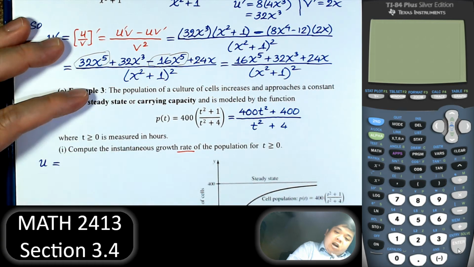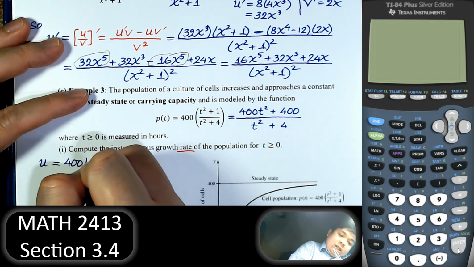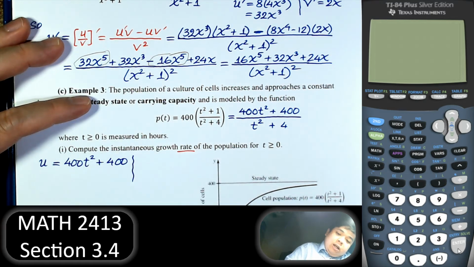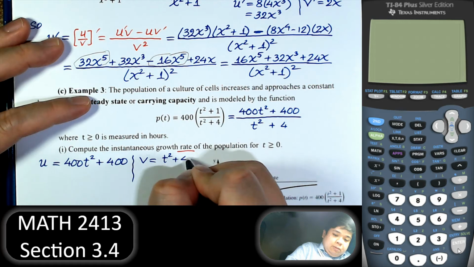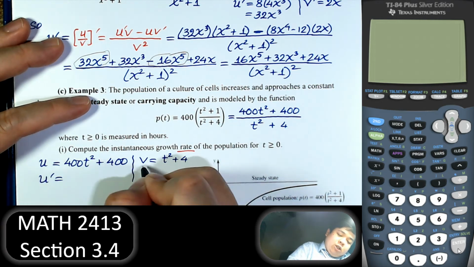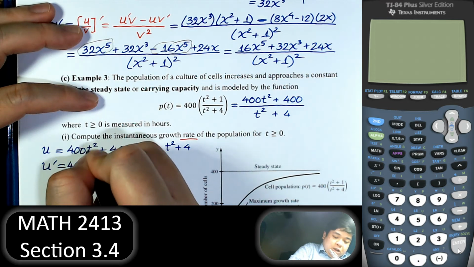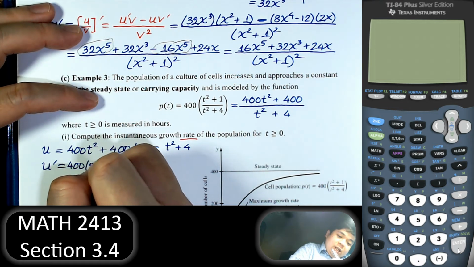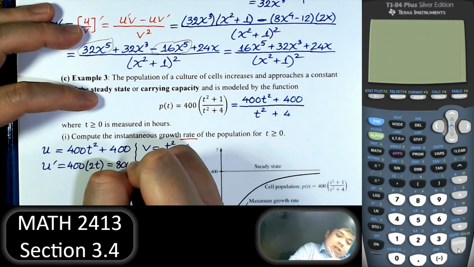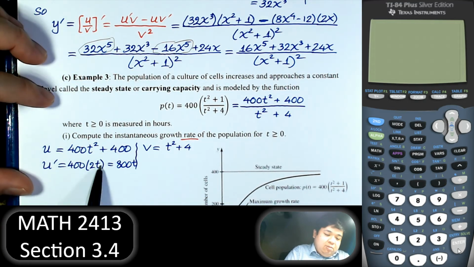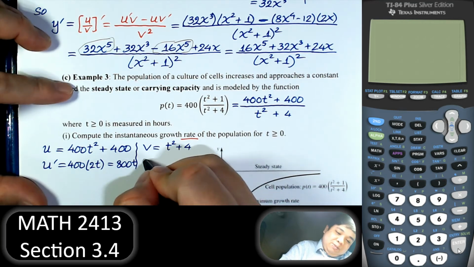Quotient rule, the top is 400 t squared plus 400. The bottom, t squared plus 4. Derivative of 400 t squared plus 400 is 400 times the derivative of t squared, which is 2t. That's 800t. Later on I just write 800t, but for now, just 400 times 2t.